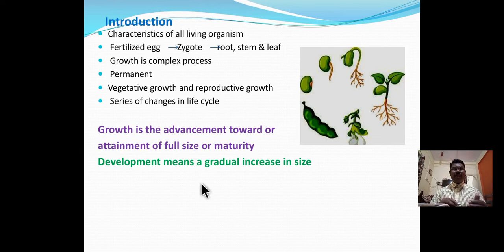A development includes all stages of growth. So these two terms, growth and development, are associated with each other.